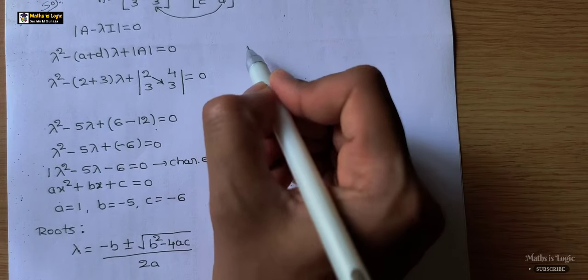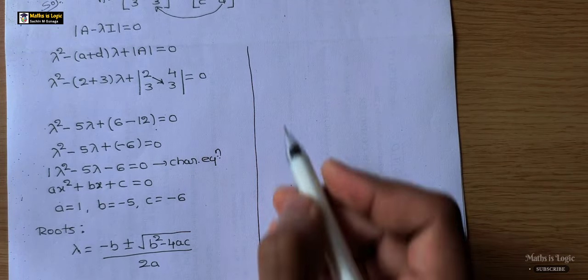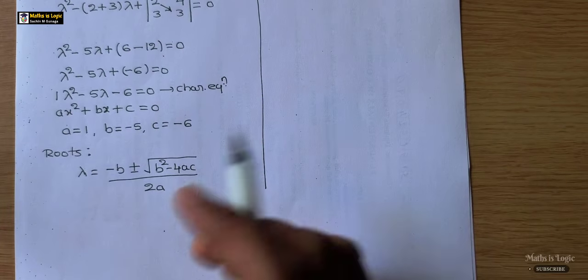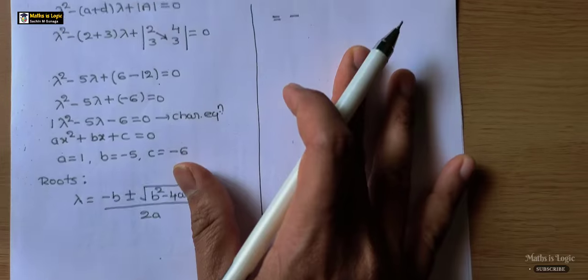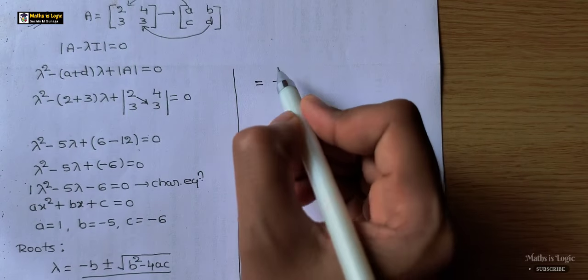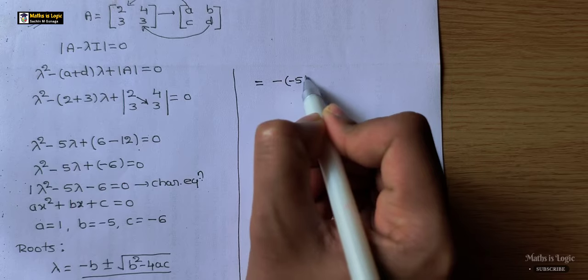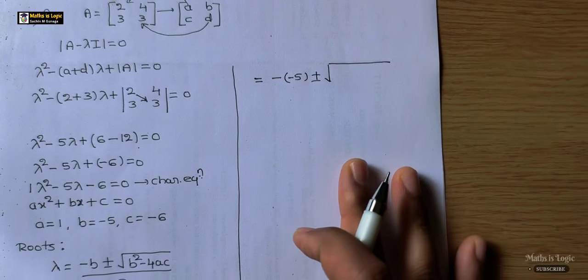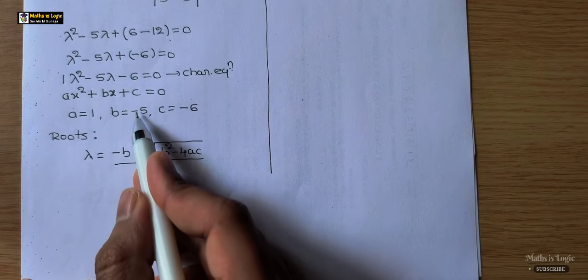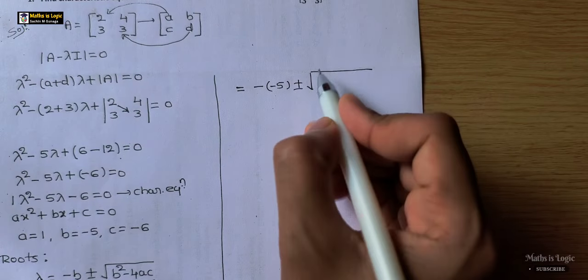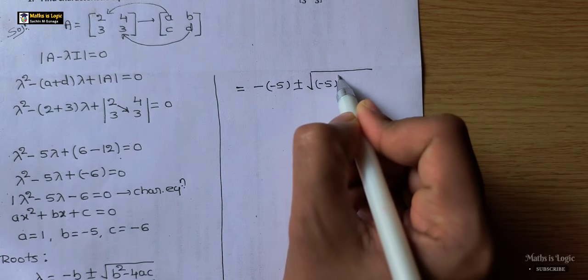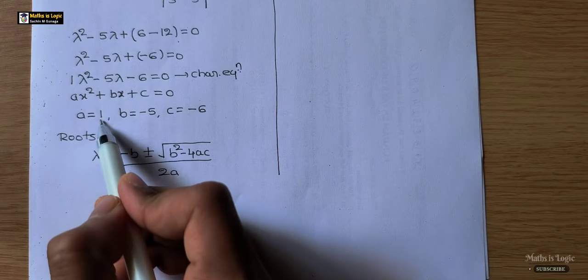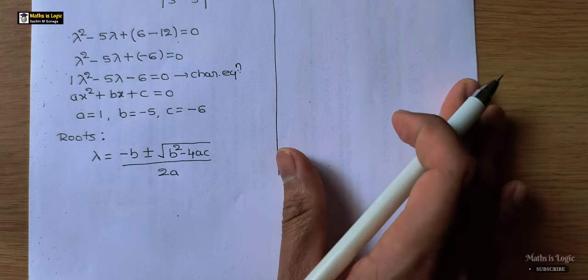Now substitute: minus b, b is minus 5. Next, plus or minus the square root of b square, so b means minus 5, so it is minus 5 square minus 4 into a, a is 1 and c is minus 6.